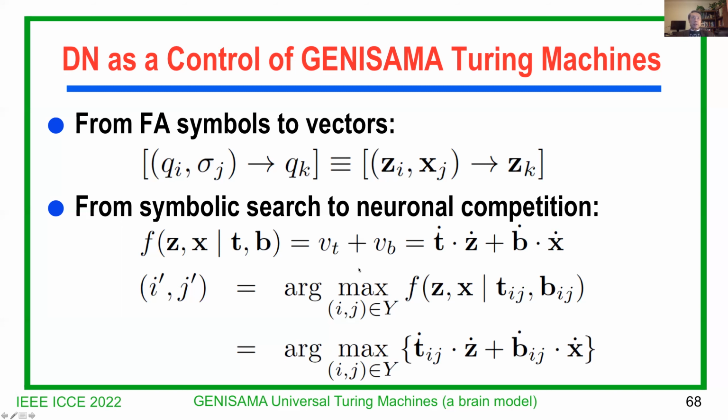Then you do search. If you do a Turing machine alone, then you can probably think about search as IJ. I is row and J is column, for example, right? And then you can search all the inputs and find the max input and you find which row and column matches, right? And I use the vector to represent the corresponding IJ. See that?